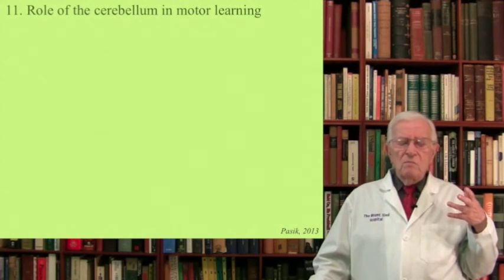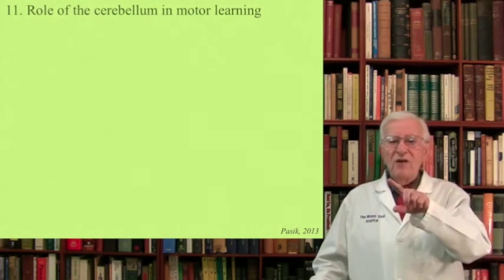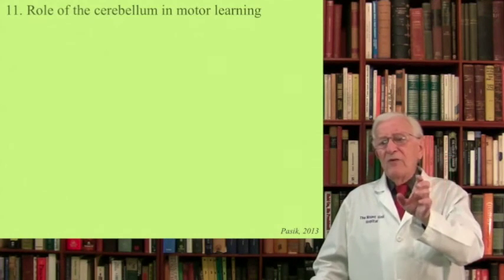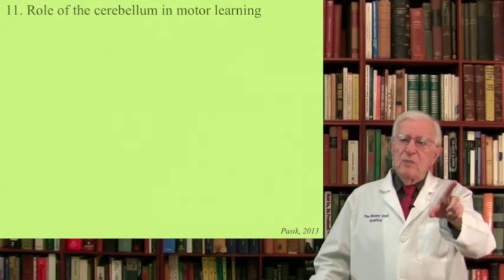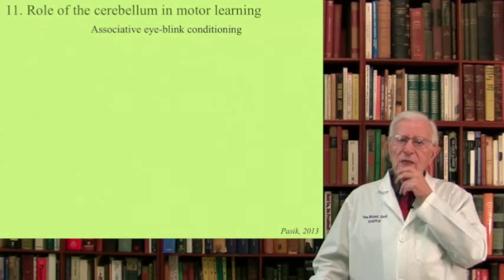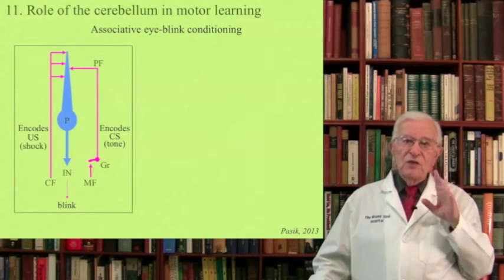And in this case, shock, let's say. And if you pair that with a tone, eventually after so many pairings, the tone will elicit the blink to the stimulus, all right? So you have, therefore, something like that in the cerebellum.